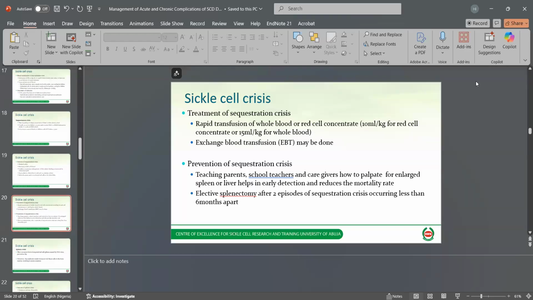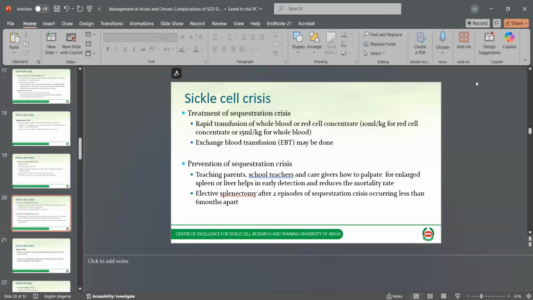So if we transfuse too much blood, by the time the blood is released from the spleen, the patient can have circulatory overload and this can lead to cardiac failure.